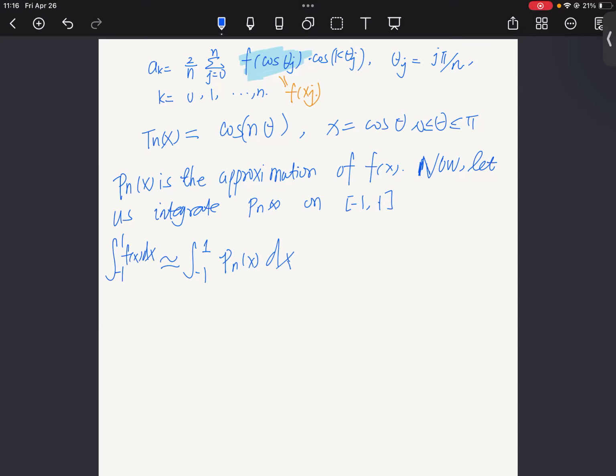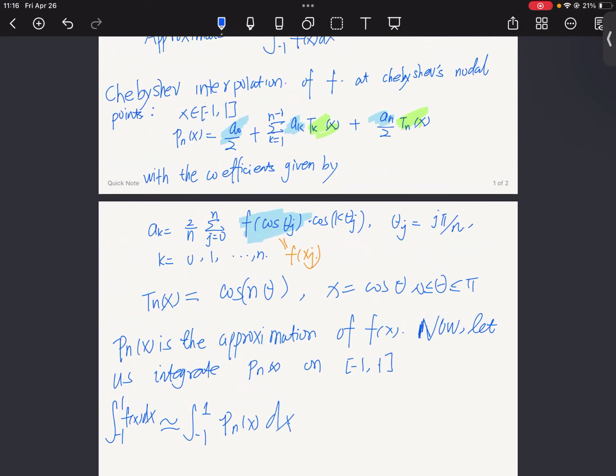Okay, good. So now we come to do this integration. What is the transformation here? I'm going to use that formula I just wrote down. Pn(x) is represented by the Tk(x), and I'm going to change the variable to theta.